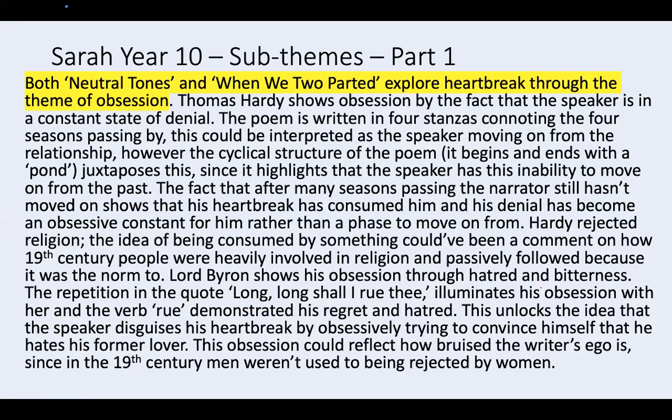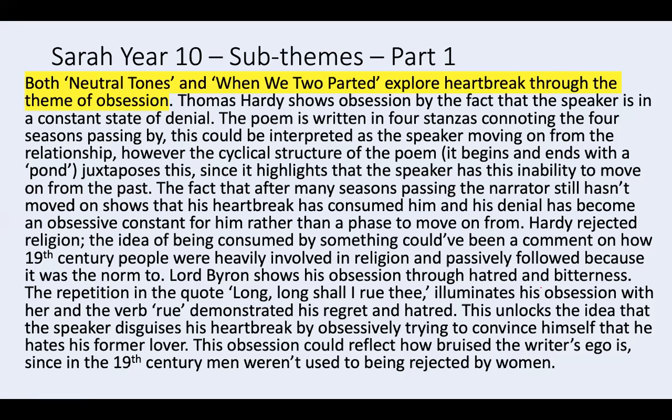The fact that after many seasons passing, the narrator still hasn't moved on shows that his heartbreak has consumed him, and his denial has become an obsessive constant for him rather than a phase to move on from. Hardy rejected religion. The idea of being consumed by something could have been a comment on how 19th century people were heavily involved in religion and passively followed because it was the norm to.